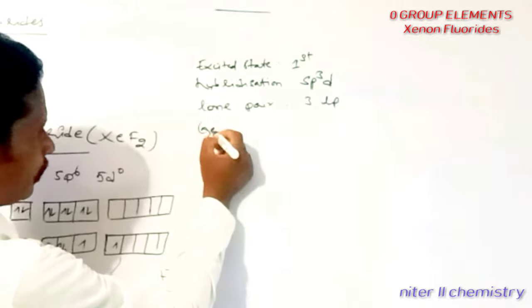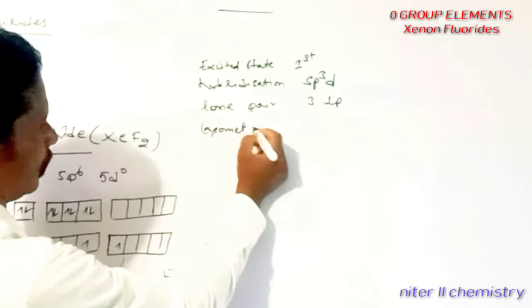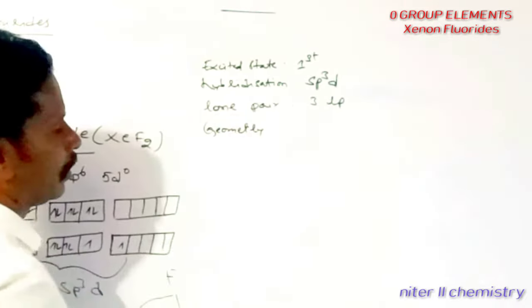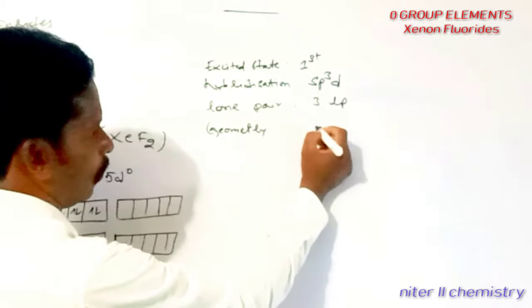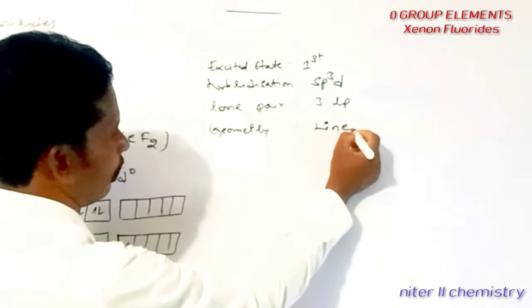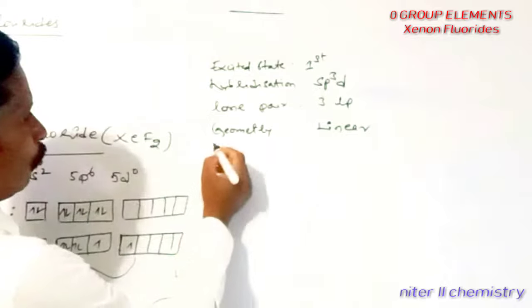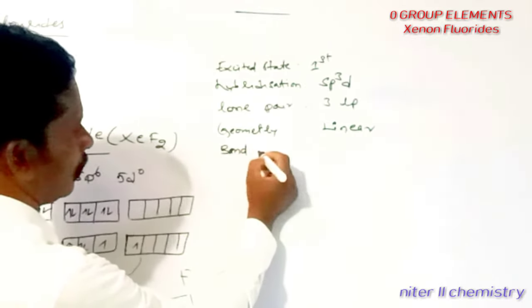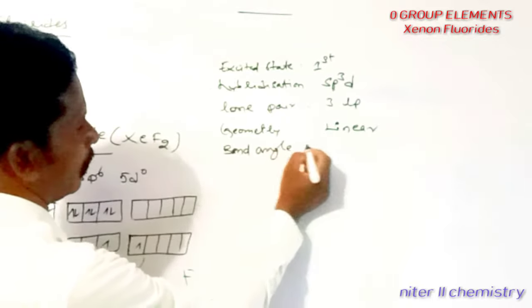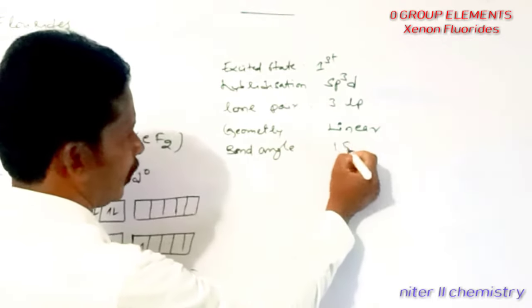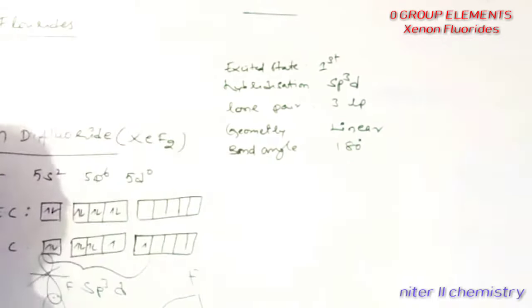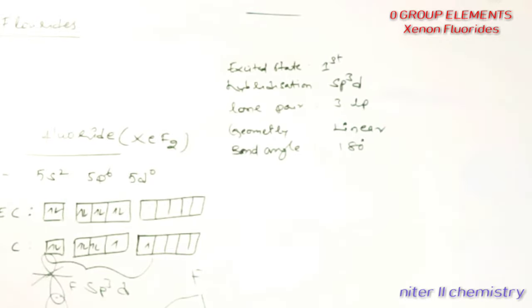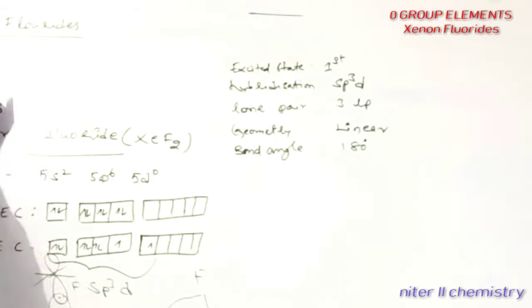Geometry: linear in shape. Bond angle: 180 degrees. So this is the geometry of xenon dichloride.